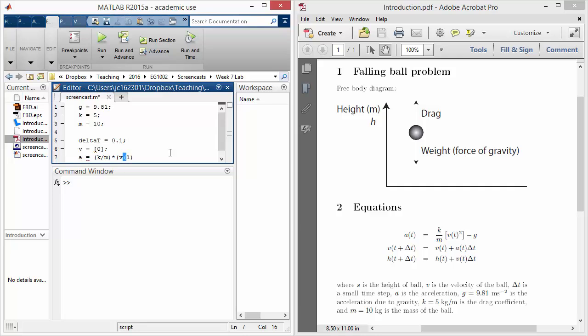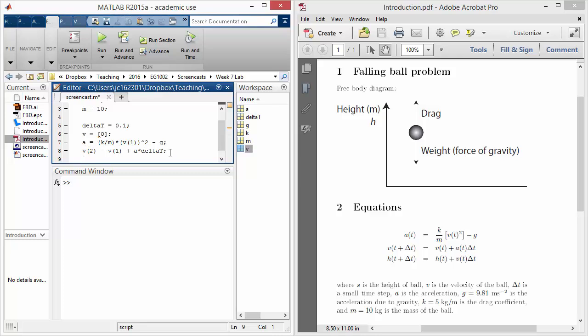So I'm going to use the subscript 1 here to indicate that I want the velocity right now. Velocity squared minus g. And I am now in a position to write down what is the next velocity value. The next velocity value is the current one plus the acceleration times delta t.